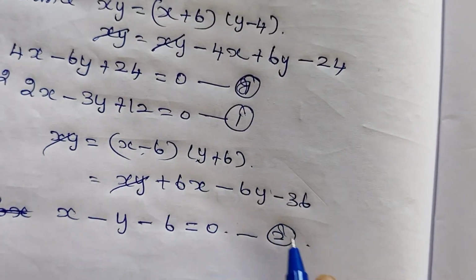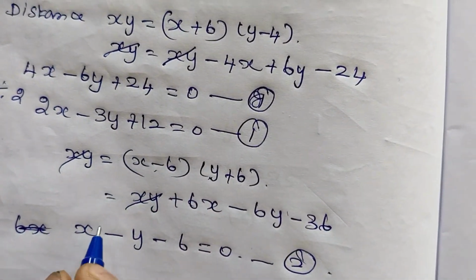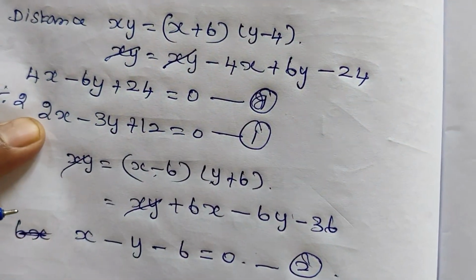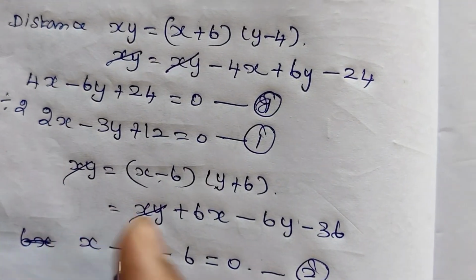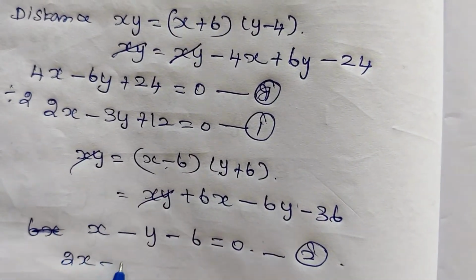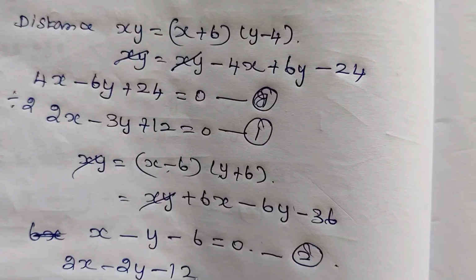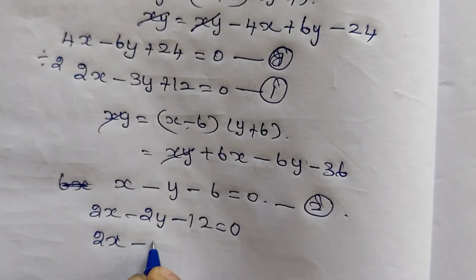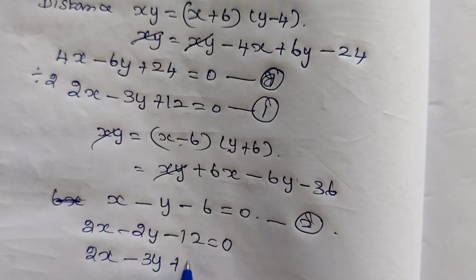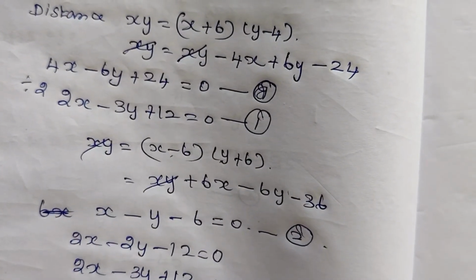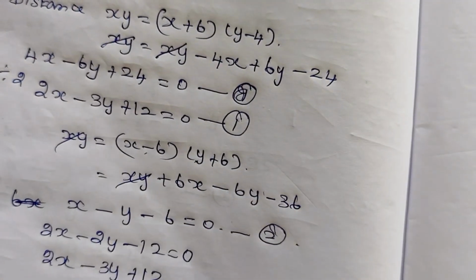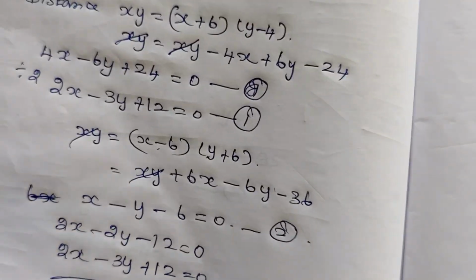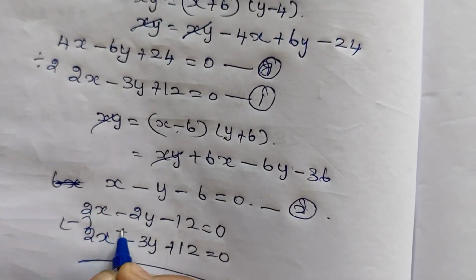Now compare with the first equation. Here it is 2, so I multiply the second equation by 2. So 2x minus 2y minus 12 equal to 0. Then 2x minus 3y plus 12 equal to 0. Then subtracting, that is minus plus minus.